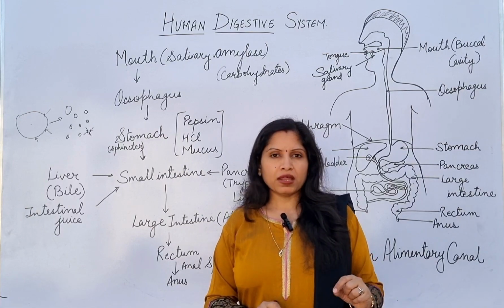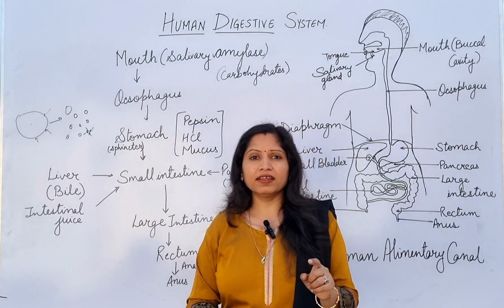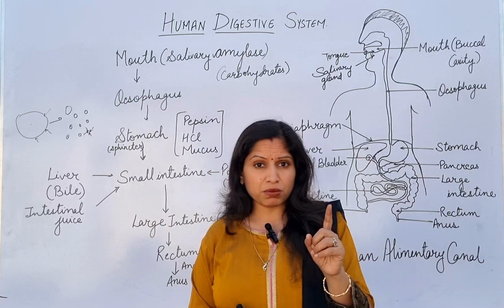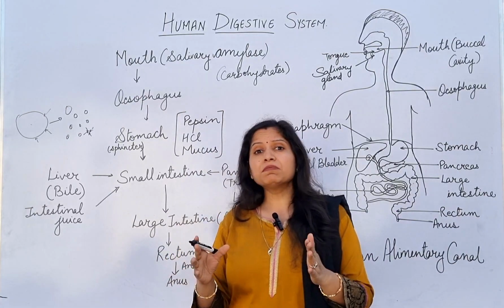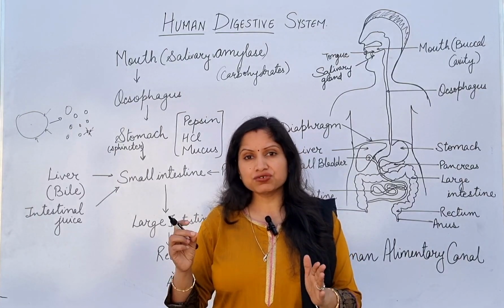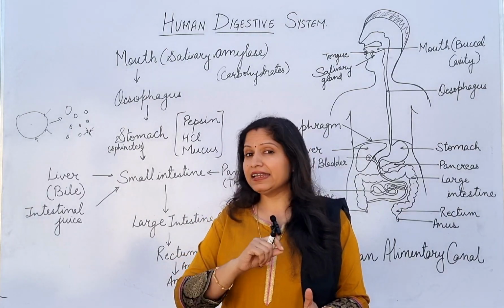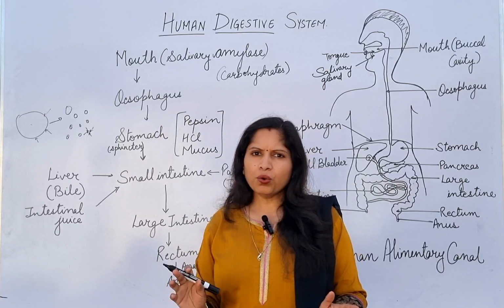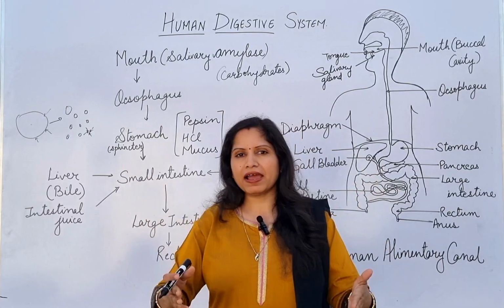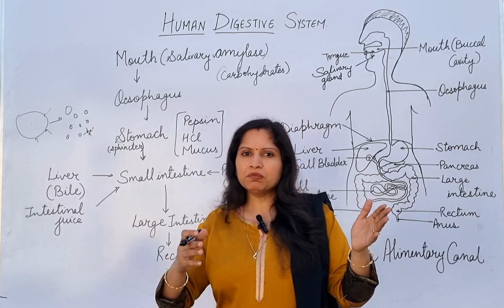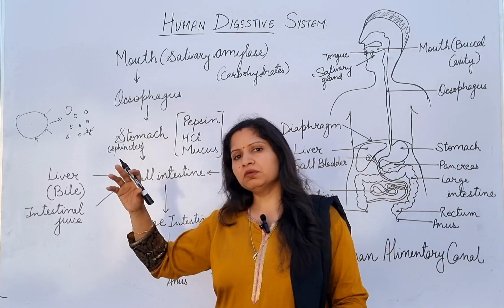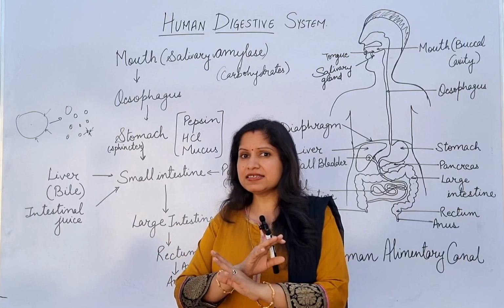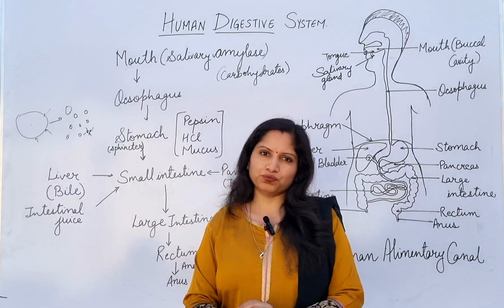One very important thing about this bile juice, remember as a 1 mark question: bile is the only digestive juice that does not contain any enzyme. No enzyme is present in the bile juice. So it only performs the emulsification of fats, and it also makes the medium alkaline, but it doesn't contain any enzyme for the digestion of food.